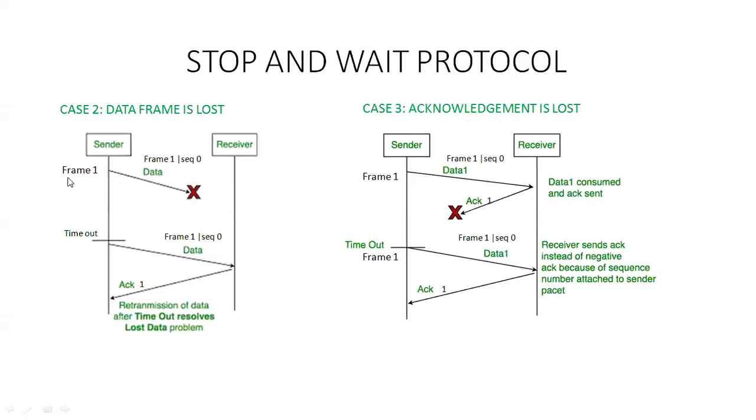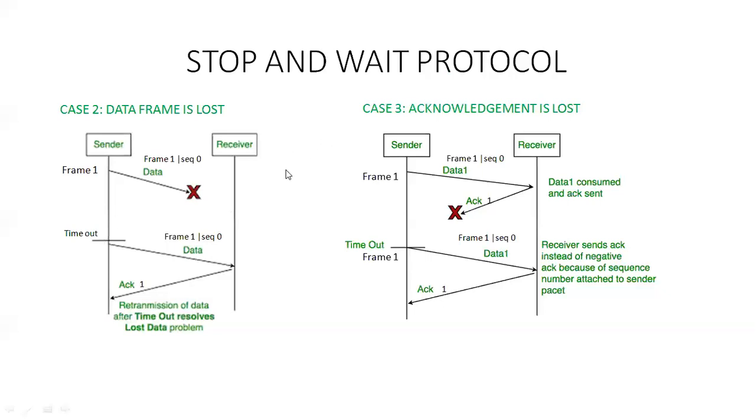When the sender sends frame 1, it starts a timer. Once the timer starts, it waits for the acknowledgement. It will wait for a certain amount of time, and if the acknowledgement is not received in that time, it is understood that it is a timeout.